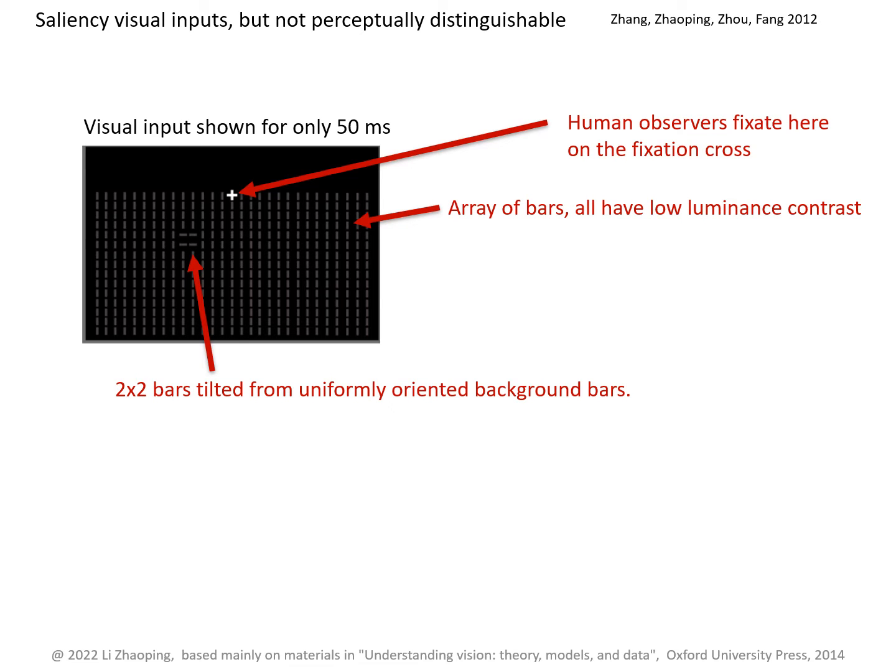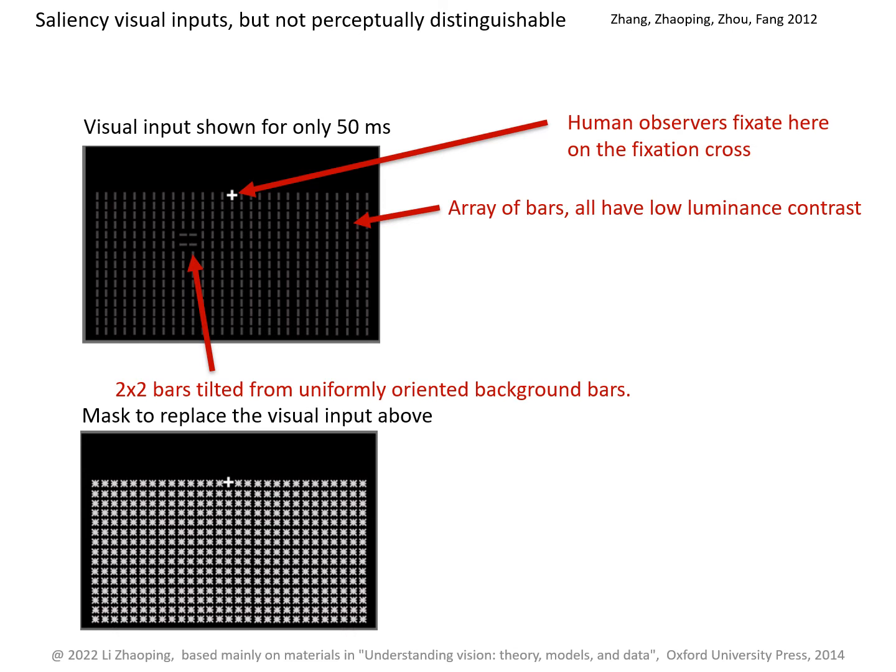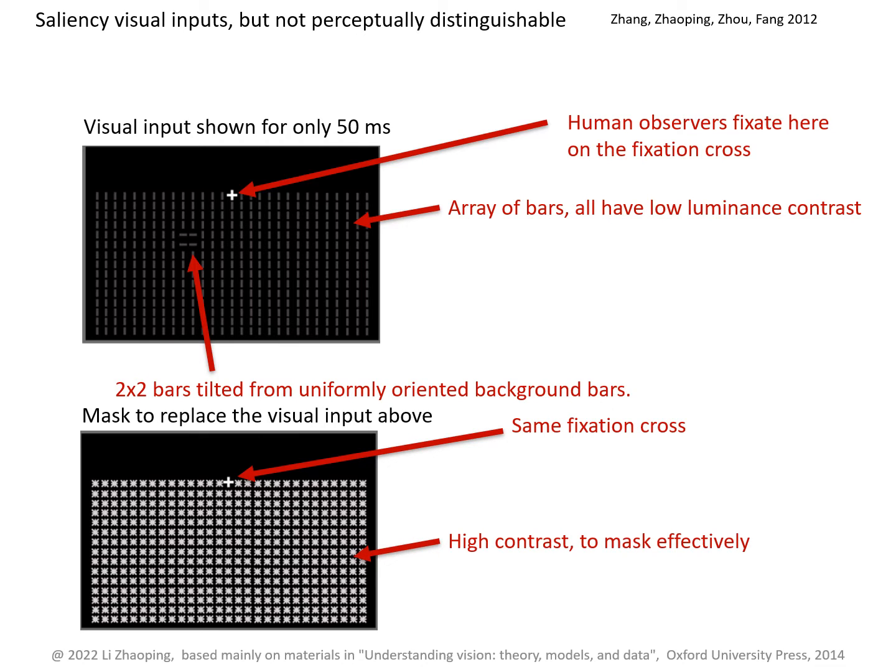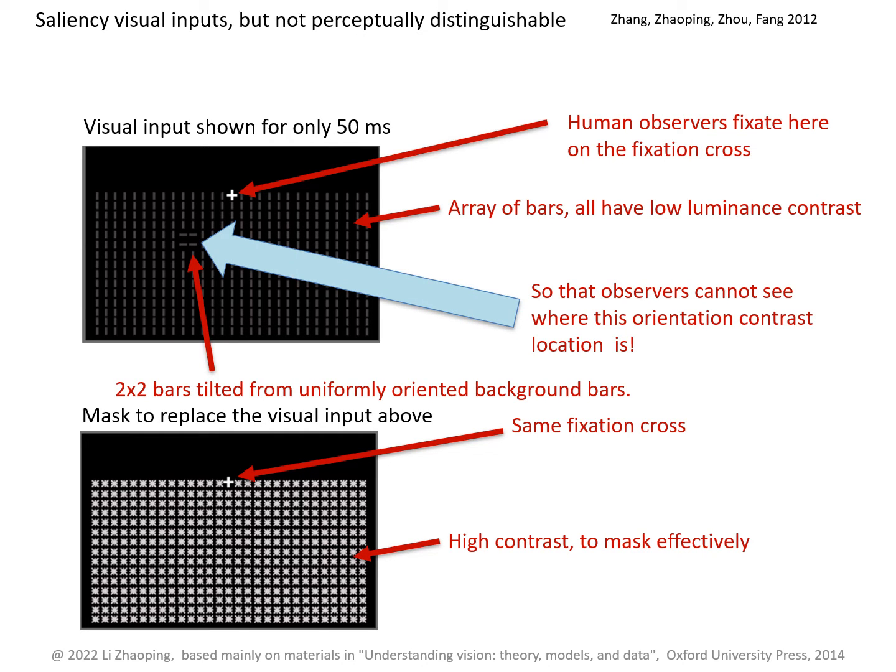However, this image is only shown for 50 milliseconds and is then replaced by this image with the same fixation cross, and these inputs have high contrast in order to make it difficult to see this location of orientation contrast.